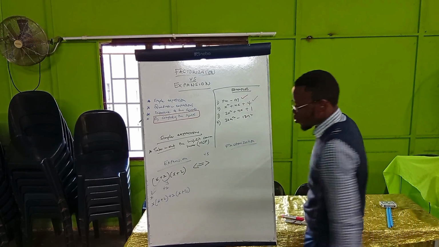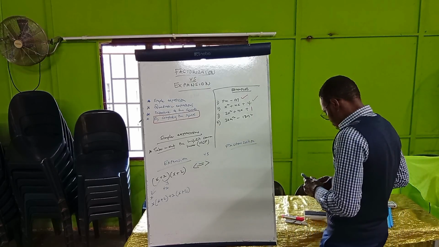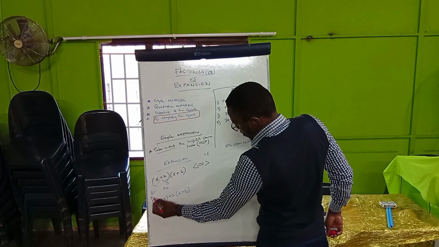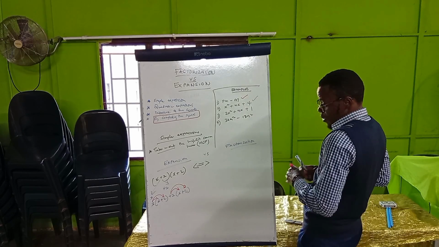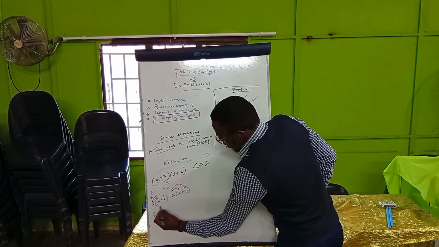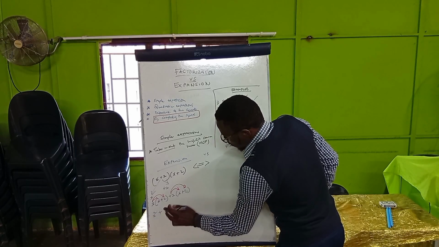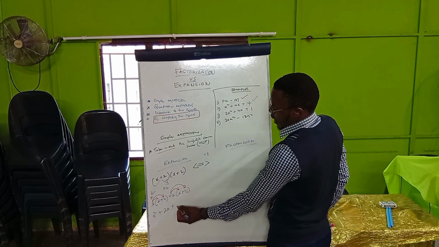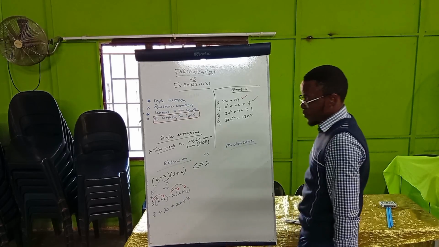So notice we have got two single brackets. X times x. The principle is you always multiply each and every term inside. So x times x is x squared, and then x times 2 is positive 2x, plus 2 times x is another 2x, 2 times 2 is 4.